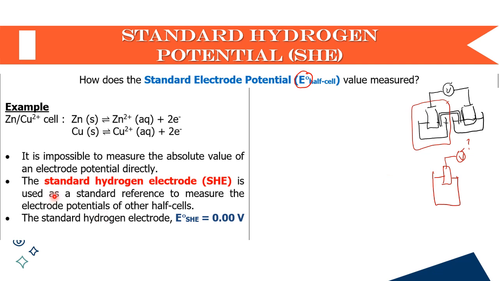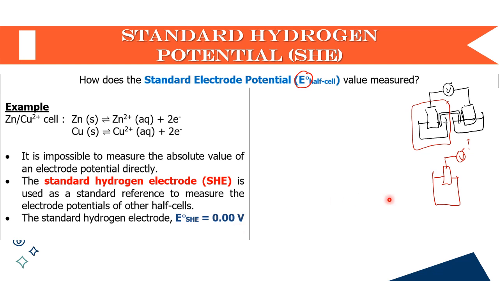So the standard hydrogen electrode, SHE, is used as a standard reference to measure the electrode potential of the other half cells. And for the standard hydrogen electrode, E naught SHE, we give it the value of 0.00 volt.